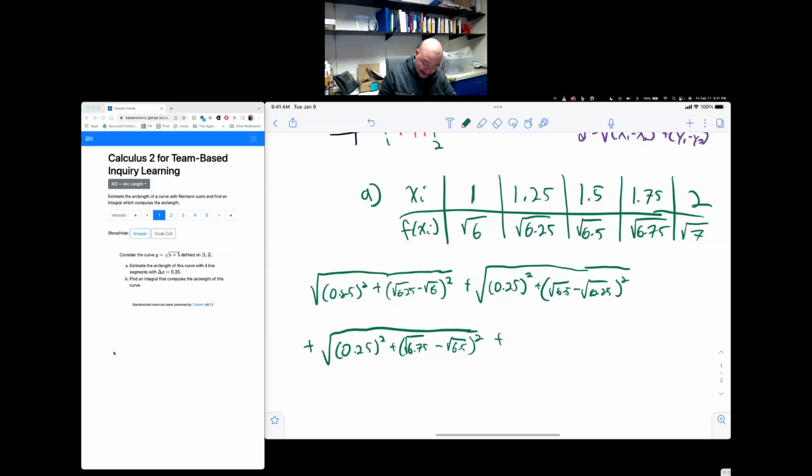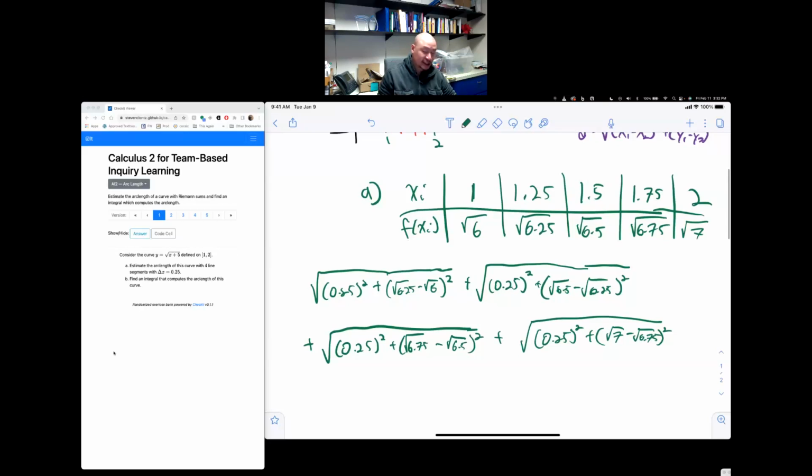And finally, for my final segment, it's 0.25 squared plus quantity root 7 minus root 6.75 squared. Now this expression here exactly computes the length of these 4 line segments.